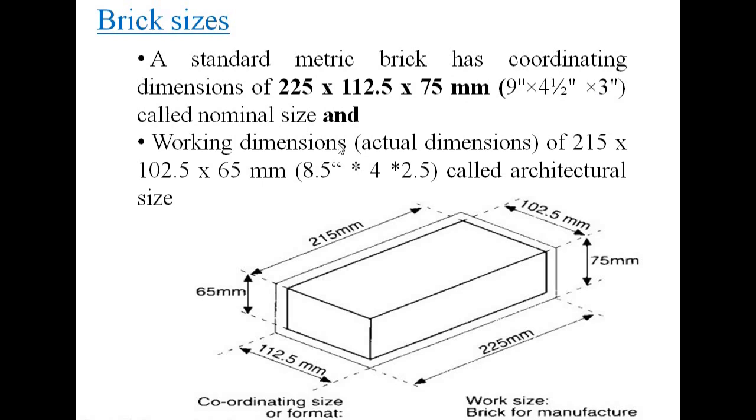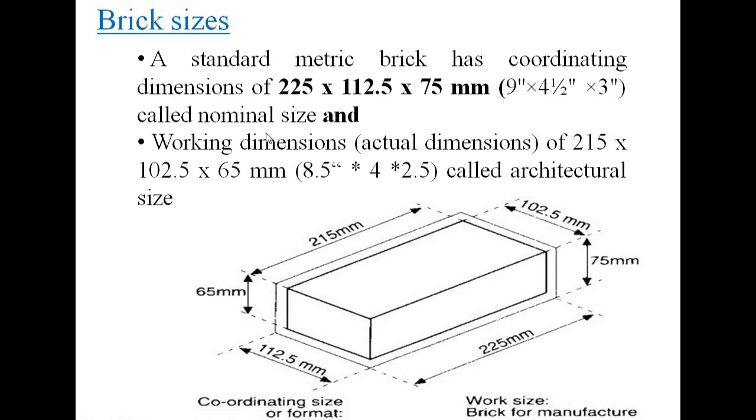The working dimension, that is the actual dimension of the brick, is 215 by 102.5 by 65 mm, that is 8.5 inches by 4 inches by 2.5 inches, called the architectural size. Remember, in this slide don't concentrate on the size dimensions, because dimensions may vary according to the location.